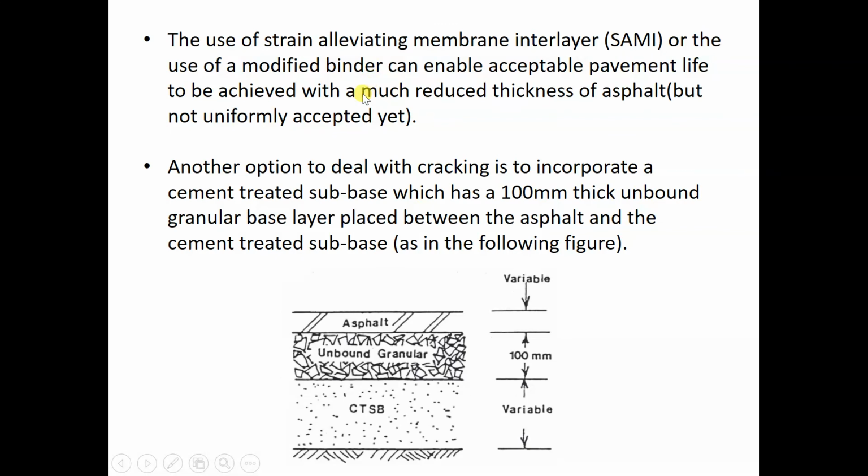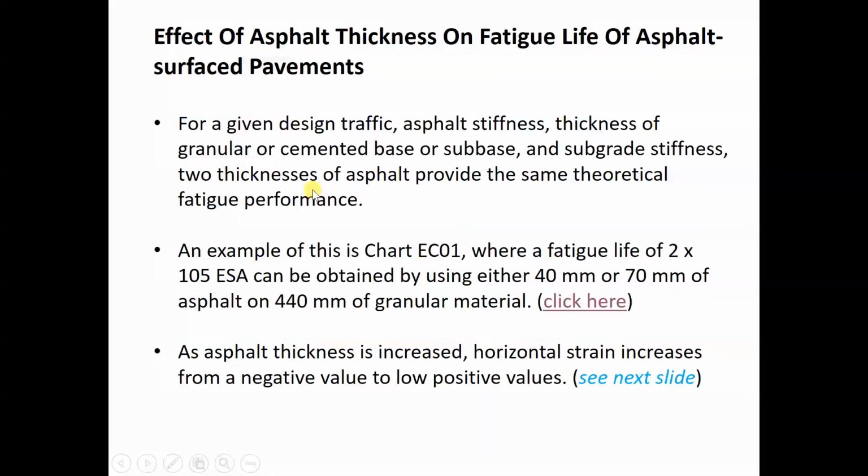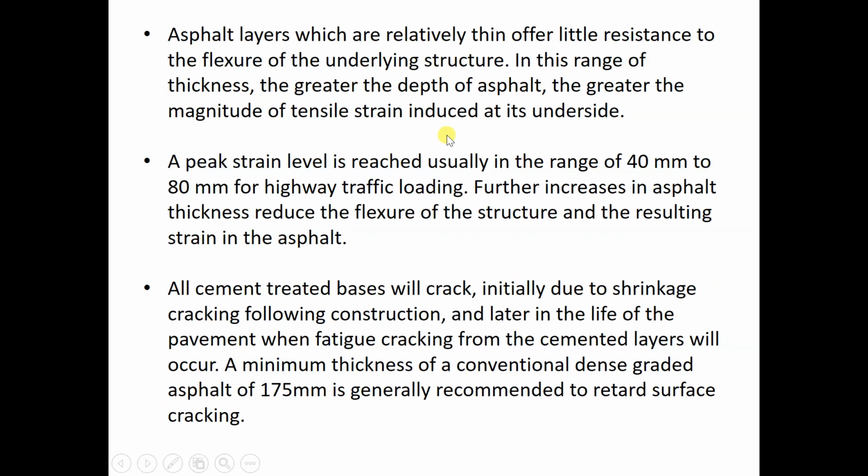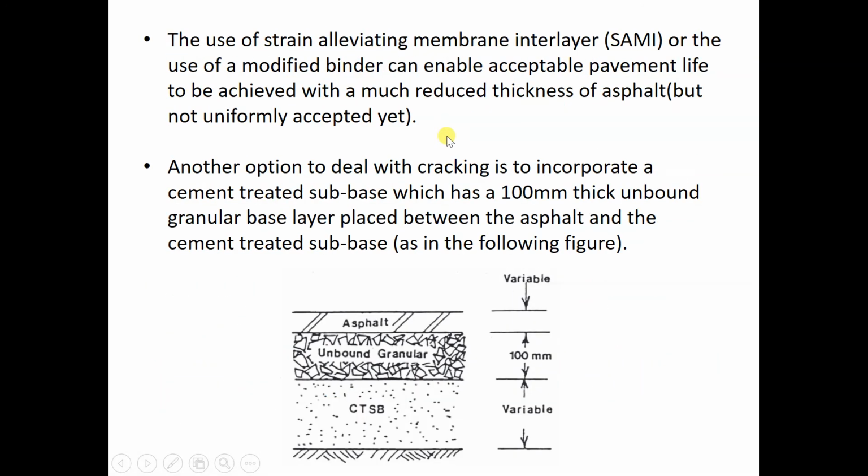If your binder is a PMB, a polymer modified binder, you actually change the graph. The tensile strength could be very high, but because the binder is strong, it is able to sustain it.